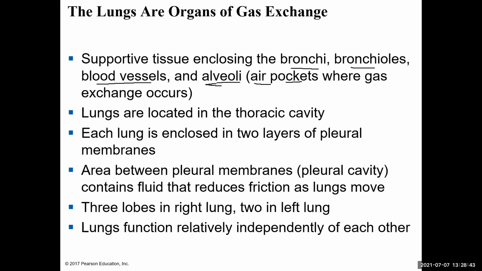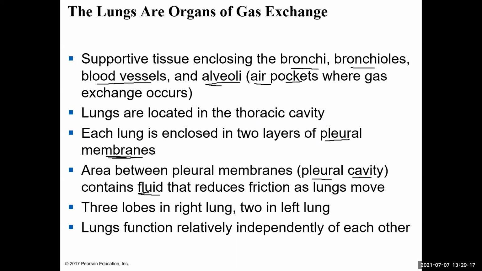And each lung is surrounded by what's known as a pleural membrane. And if you remember, the thoracic cavity can be separated into the pleural cavity and the pericardial cavity. The lungs are found in the pleural cavity, and it actually contains fluid that is in those cavities, and that fluid reduces friction as the lungs move inside of that cavity.